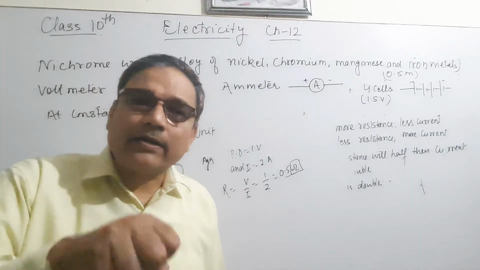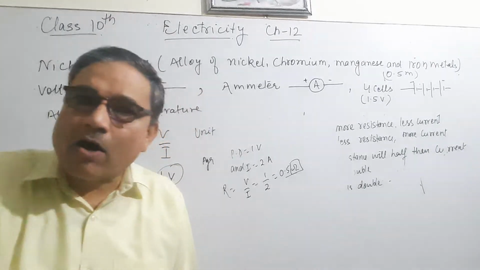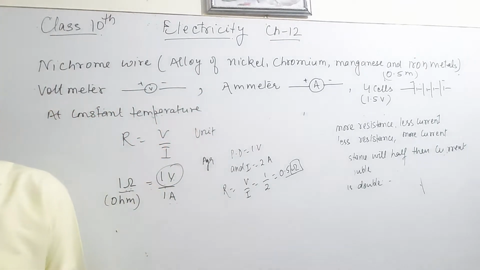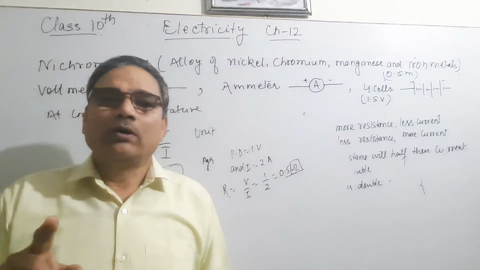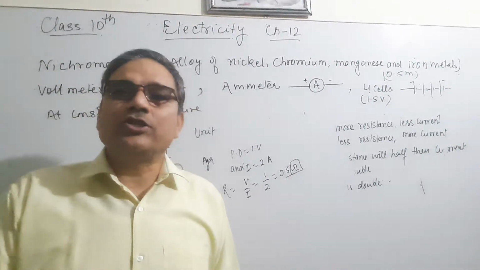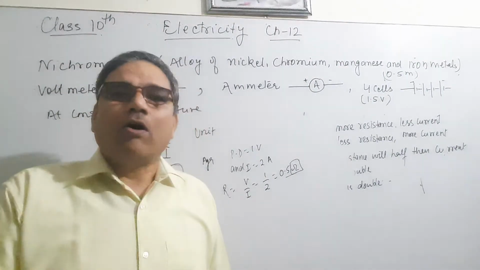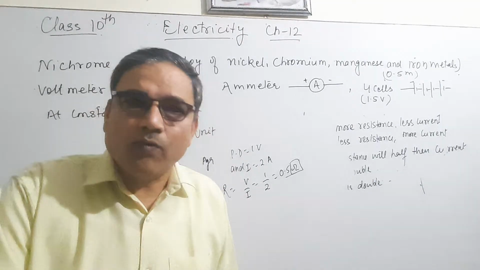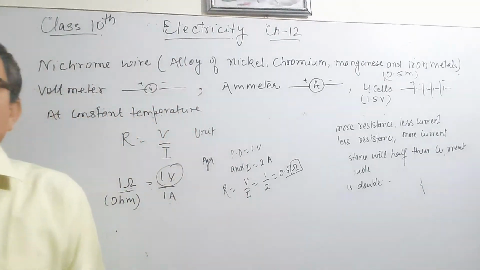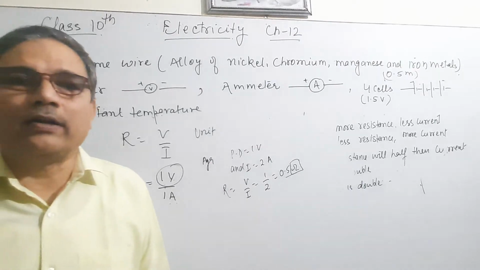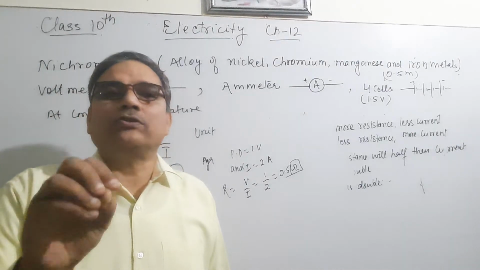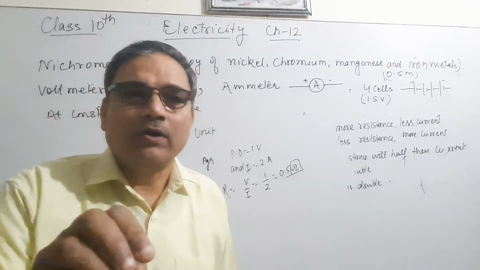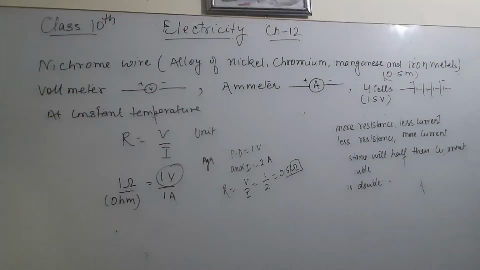But a good conductor does not obstruct the charges, meaning the current flows easily, so its resistance will be negligible, zero. But the substance which resists the maximum amount of current flowing through itself is known as a poor conductor of electricity.